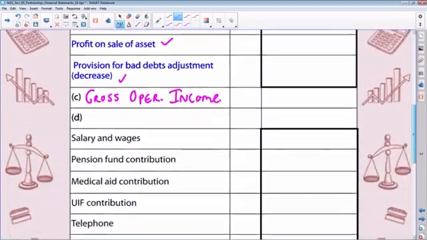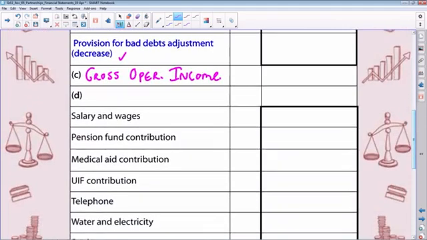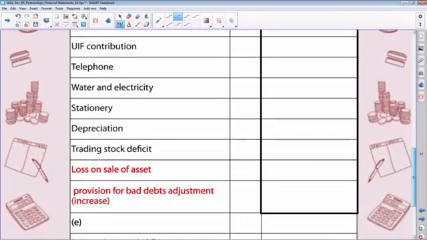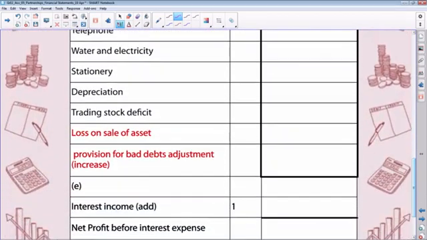So after adding your other expenses, we get a total for other operating expenses, or you can just write down operating expenses. And then finally, the last missing item. If we look at E, your last item is obviously your operating profit.